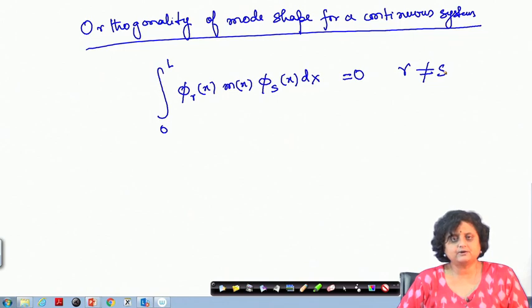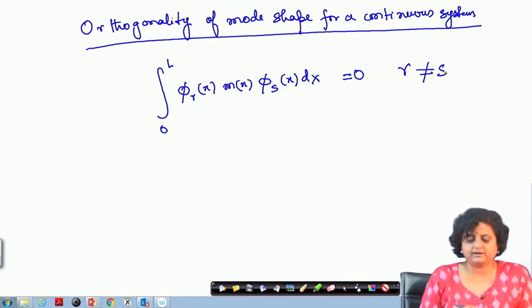Therefore, the integration between 0 to L, where L is the length of the bar or any other one dimensional continuous structure, has within it the mode shape of one normal mode into the mass distribution m(x) into the mode shape of the other normal mode, and this integral is equal to 0.